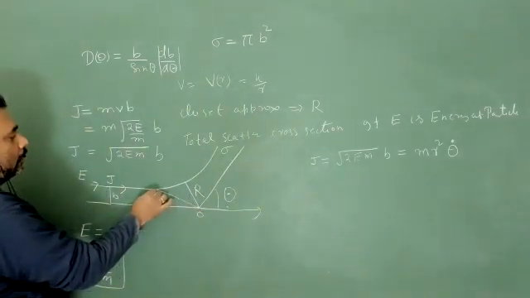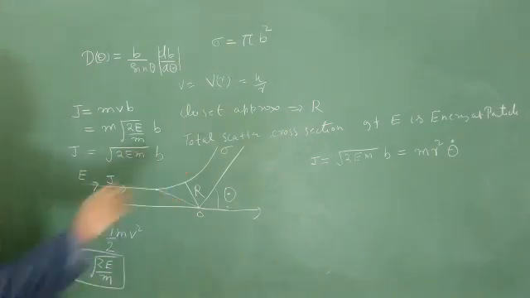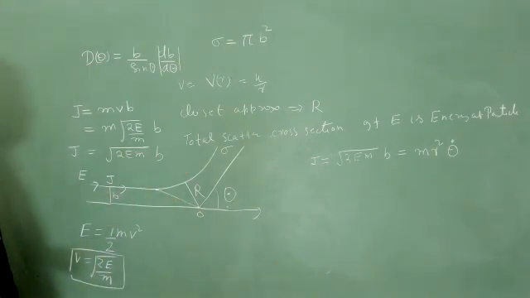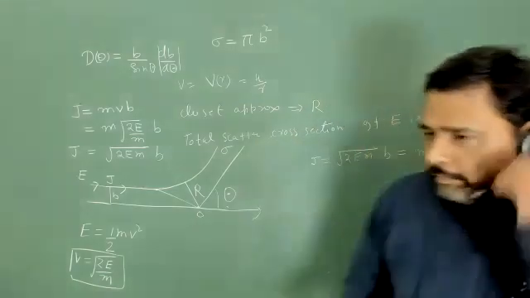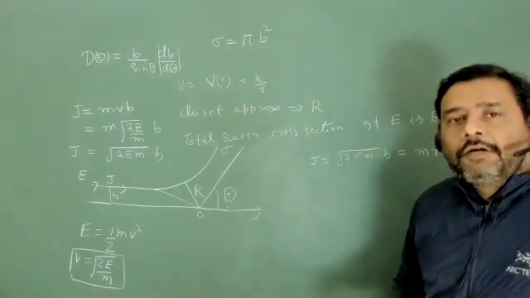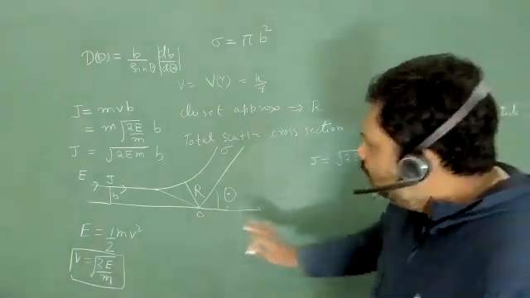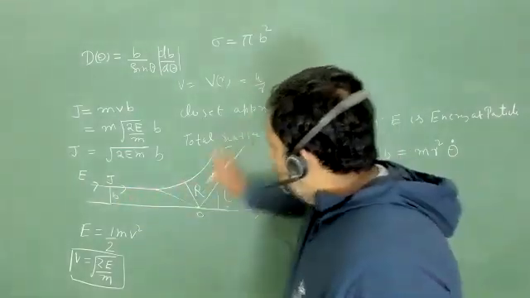Suppose I am just talking about this particular theta. Are you getting my point? Can I write this also? Yes, sir. Why? Because angular momentum is conserved, and we are just solving a central force problem.